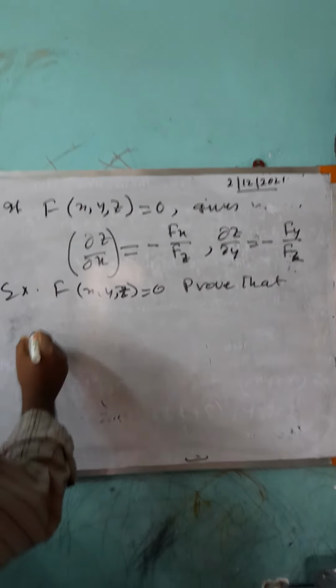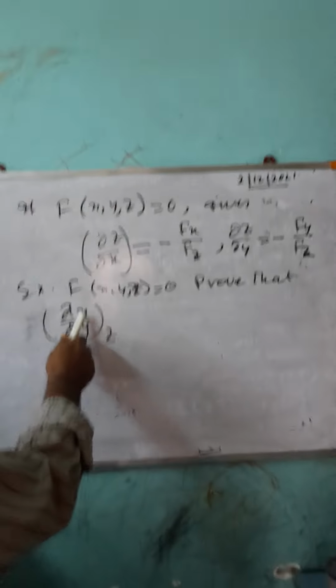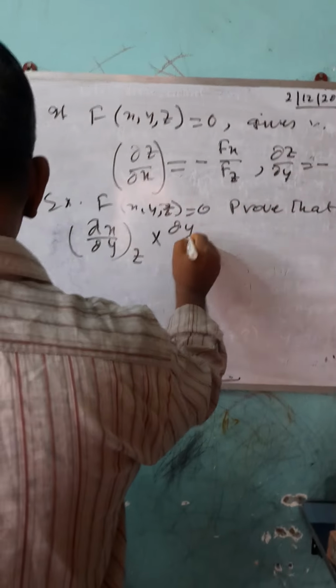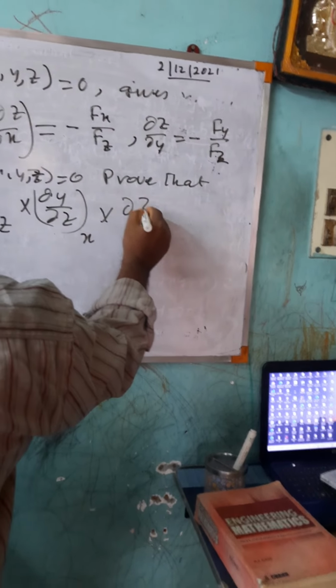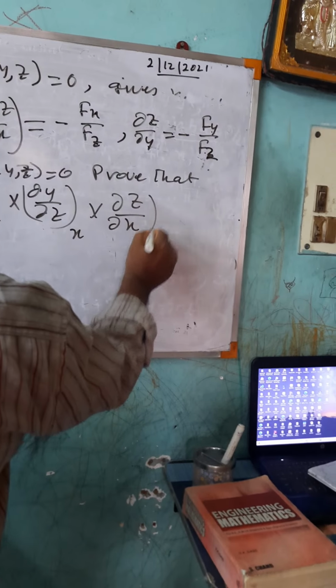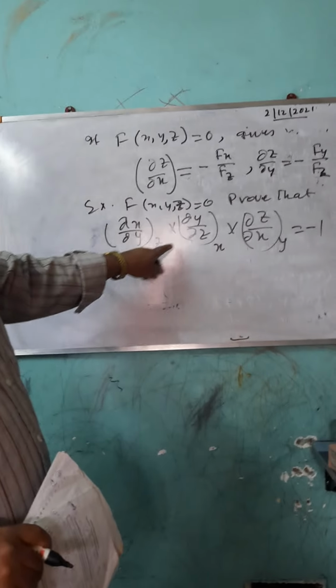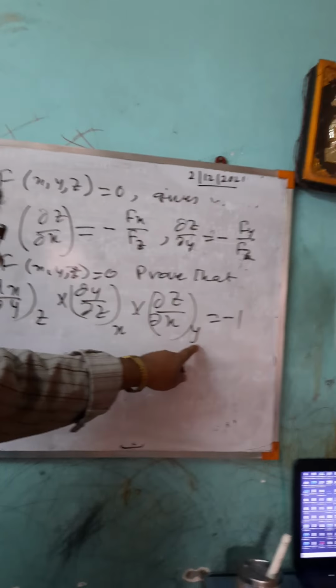Do you see? So what do you mean by this? That is del x by del y when z is constant, del y by del z when x is constant, del z by del x when y is constant.